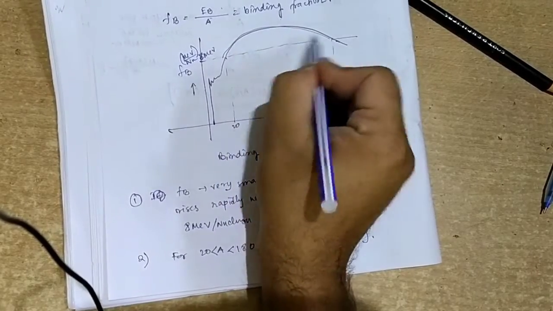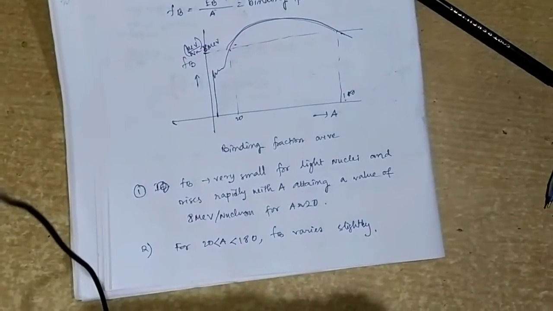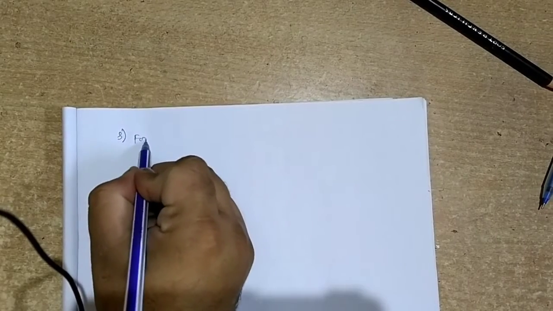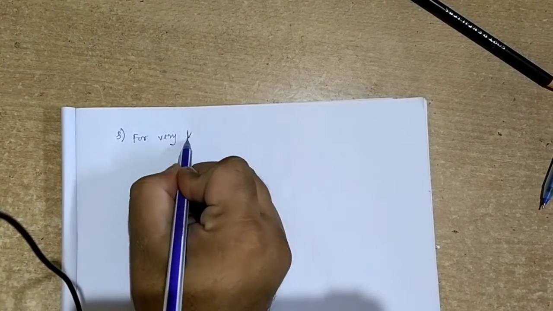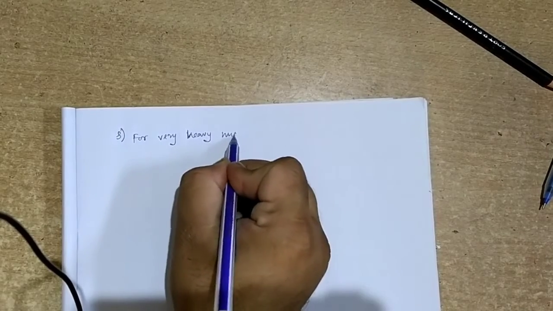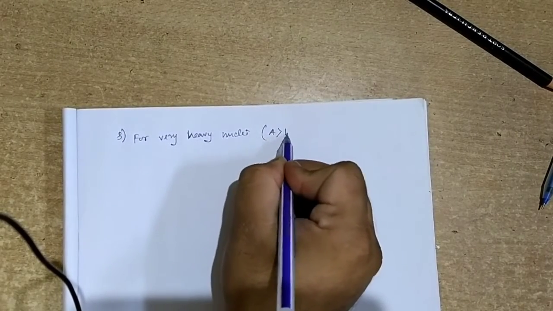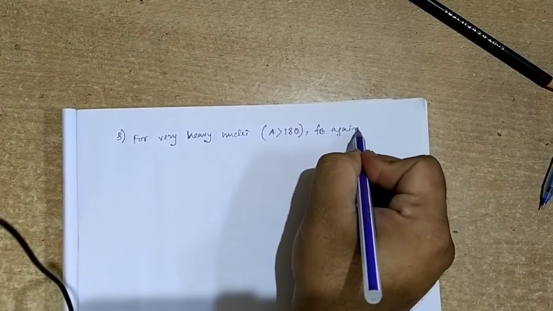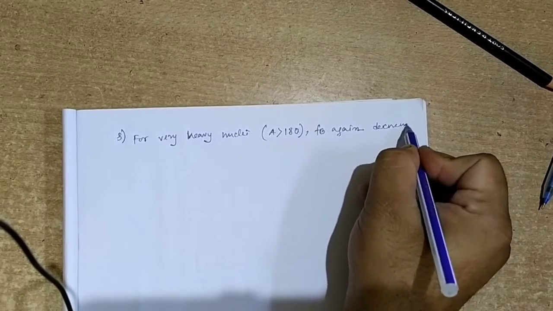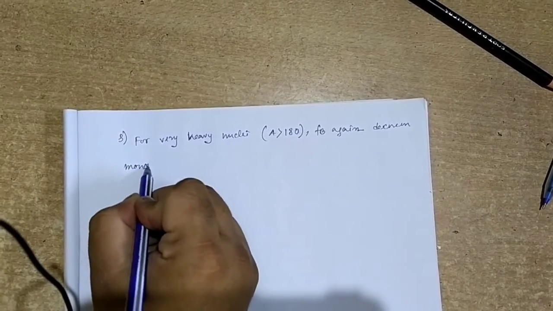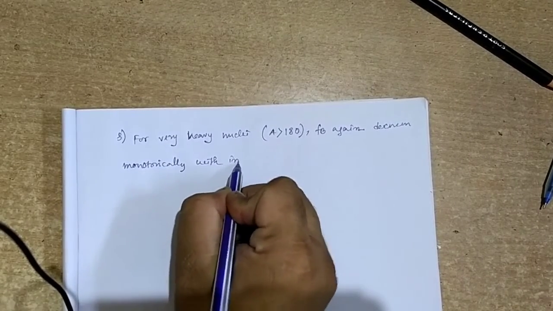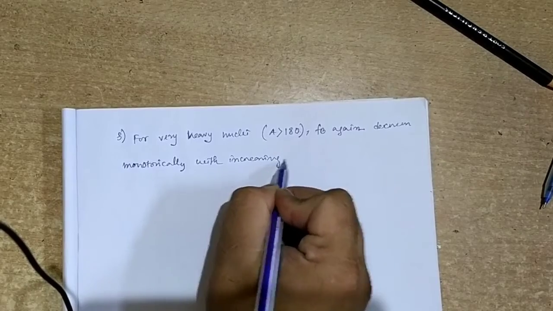Now the third point is for very heavy nuclei, that means for which the A value is greater than 180, FB again decreases monotonically with increasing A value.